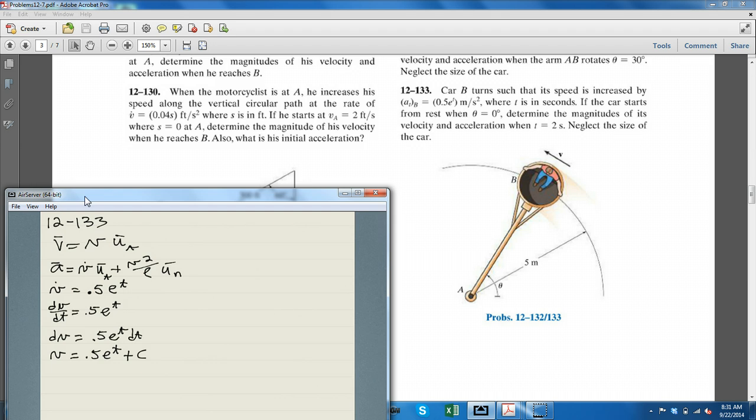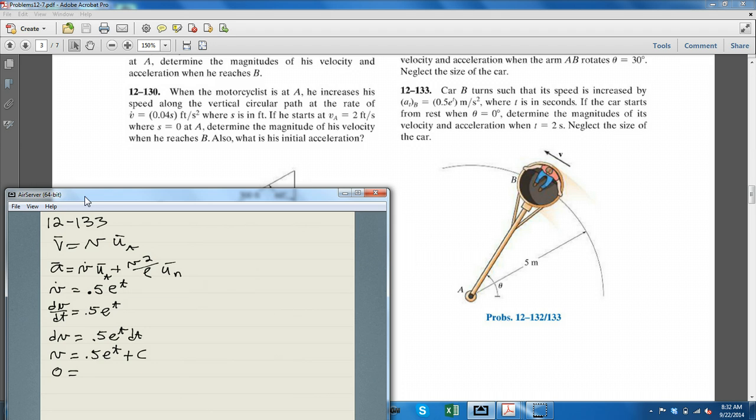How do you find those constants? Always the same way. You got to tell me a time when you knew the speed. So I'll look back on the problem and say, okay, the car starts from rest. V equals 0 when time equals 0. So when time equals 0, speed is 0, right? I'm going to plug that in. What's e to the 0? 1.